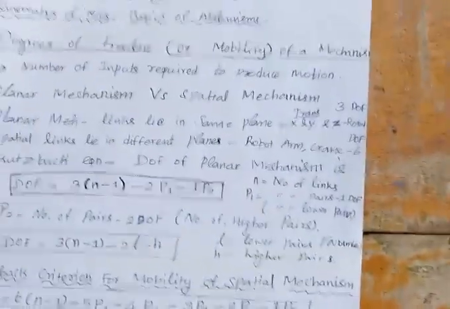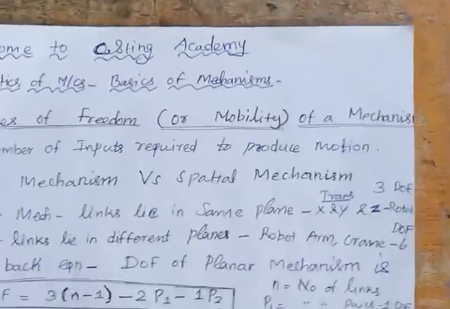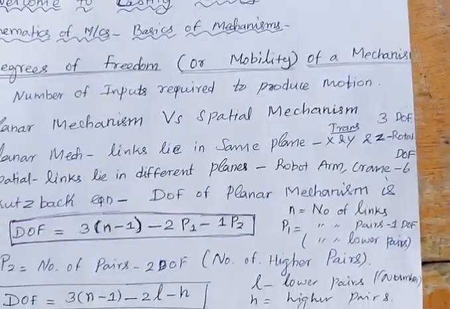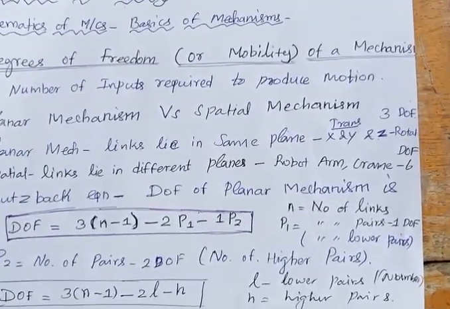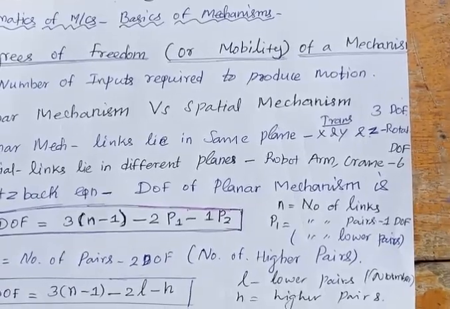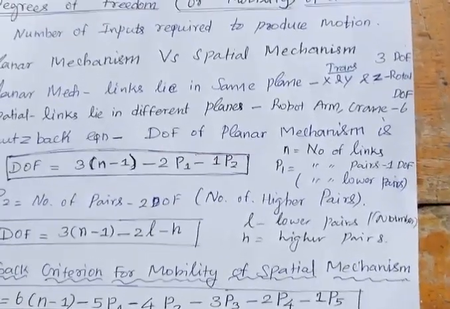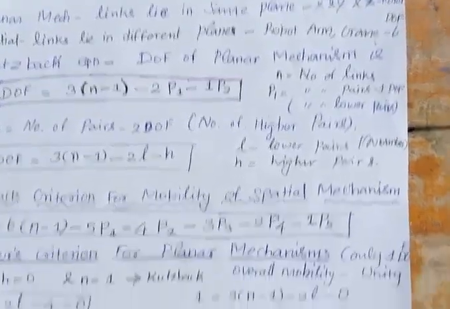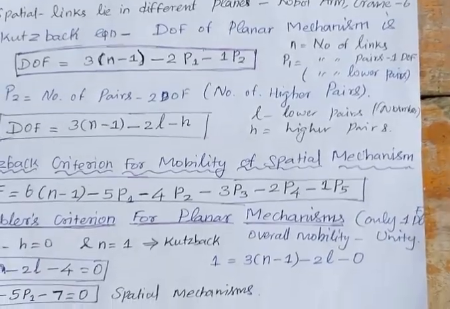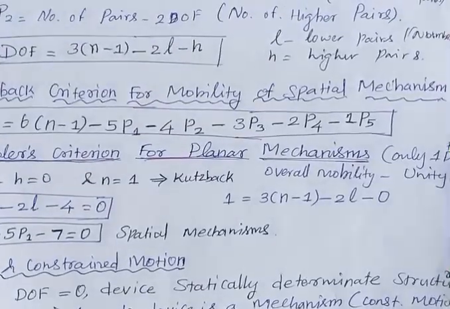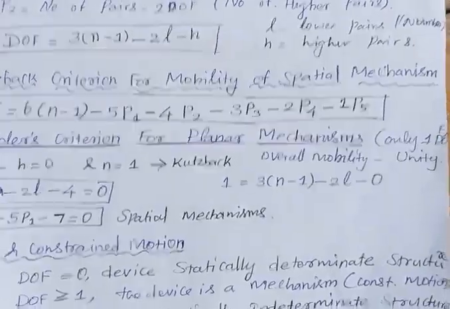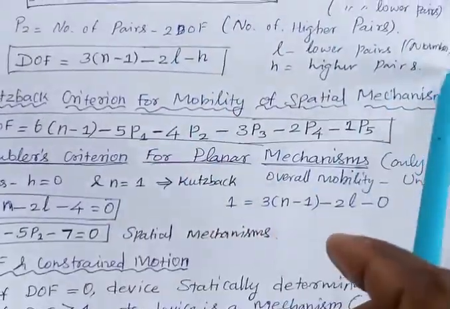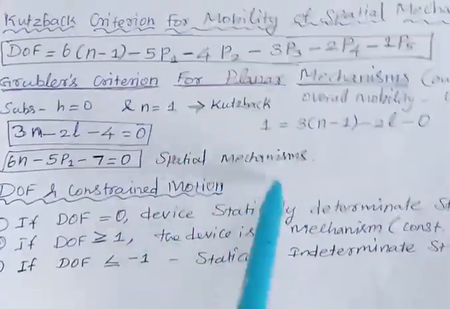So in basic mechanisms we discussed degrees of freedom, which is the number of inputs required to produce motion, planar versus spatial mechanism, and the Kutzbach criterion for mobility.